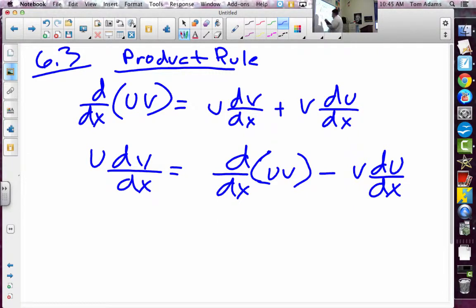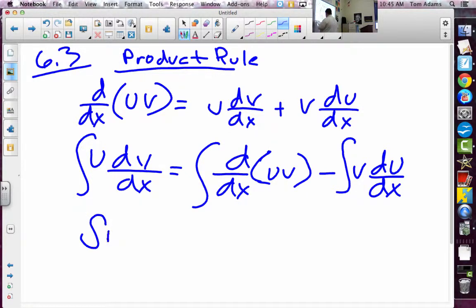Now, if I integrate this, I have to integrate every term. So if I go to integrate this, I get that the integral of u dv dx is equal to, now remember that when I integrate the derivative of a function, I'm just left with the function.